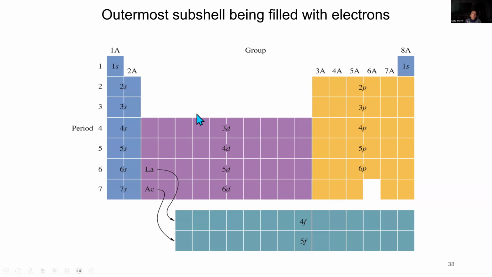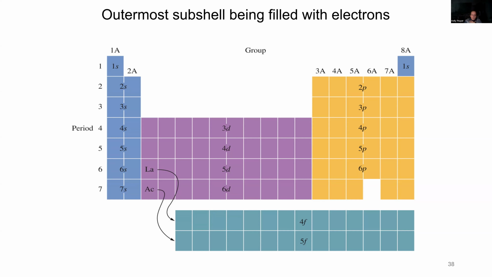Now, once we get to the 4s, we have the 3d's. Okay, so the 3d's are coming down under here. But remember, we have that order of the filling: 1s, 2s, 2p, 3s, 3p, 4s, 3d. Right, so these are your 3d10s right here, and so there should be 10 slots right here, and in fact there are, and that comes from the 5 orientations that we have available, which each can hold 2 electrons.